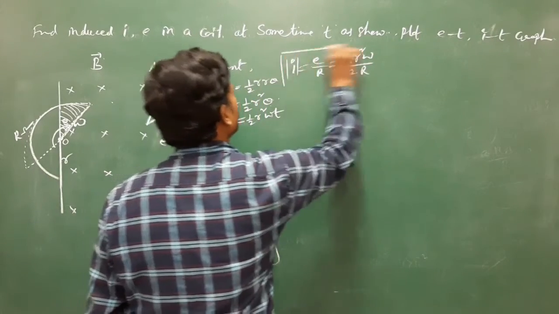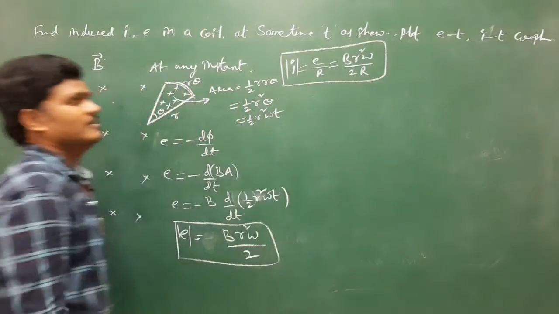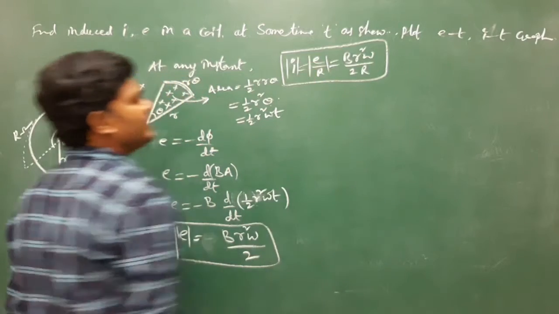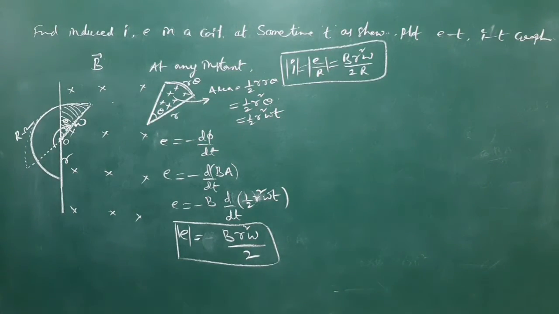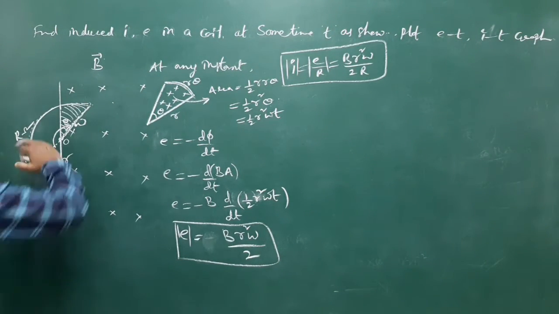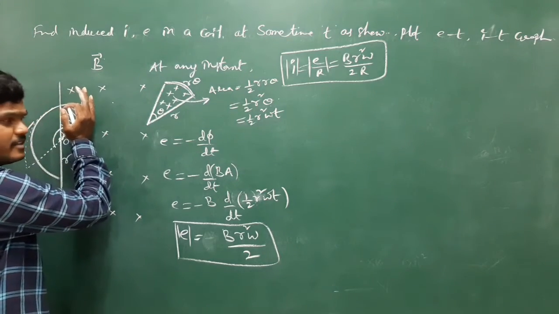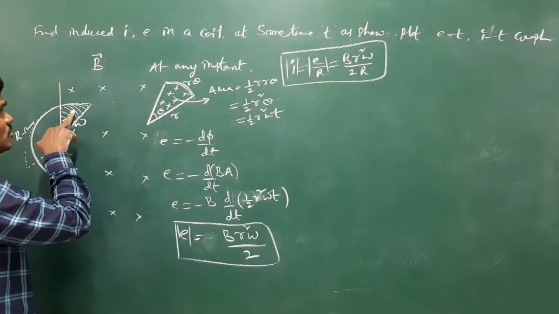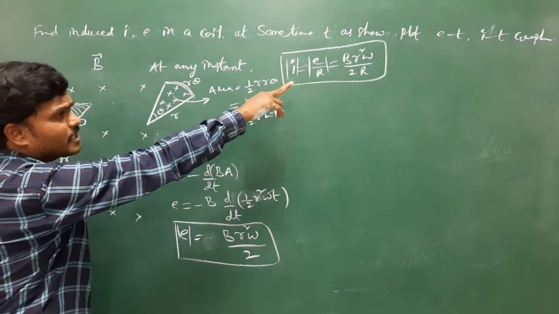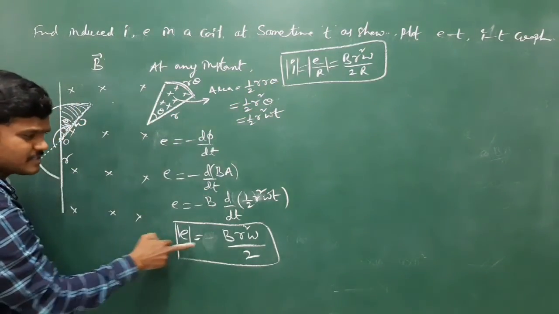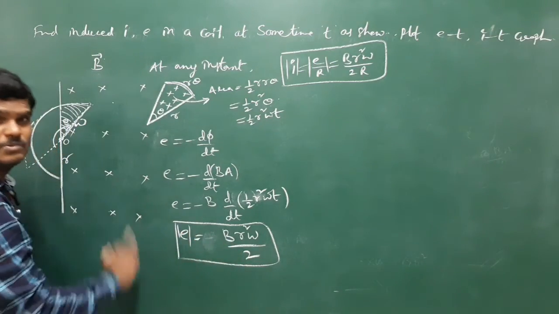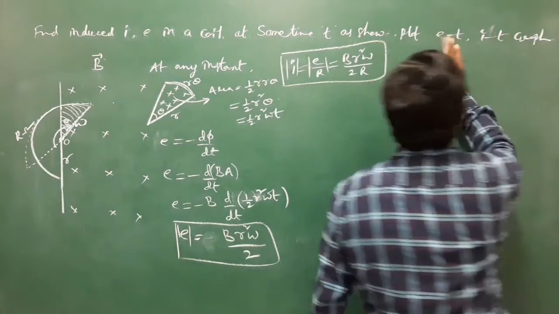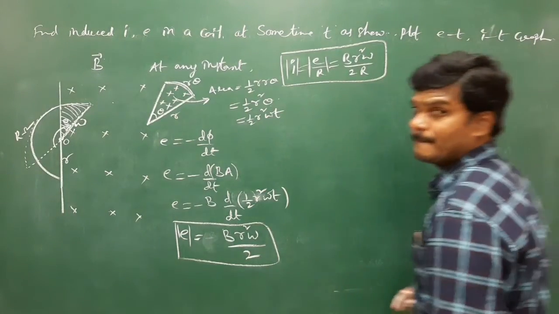So when the loop enters, after some interval of time, at any instant, the current induced in the loop is B r square omega by 2R, and the EMF is B r square omega by 2. But our target is to plot the graphs of E-t and I-t.